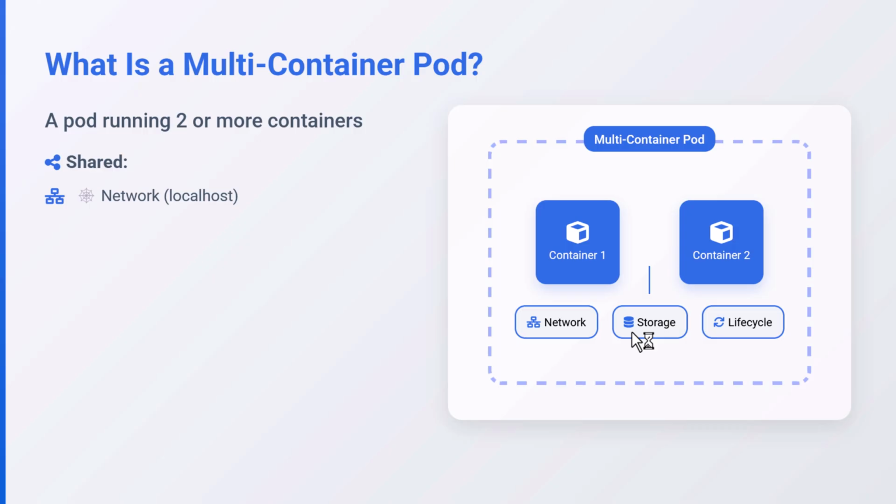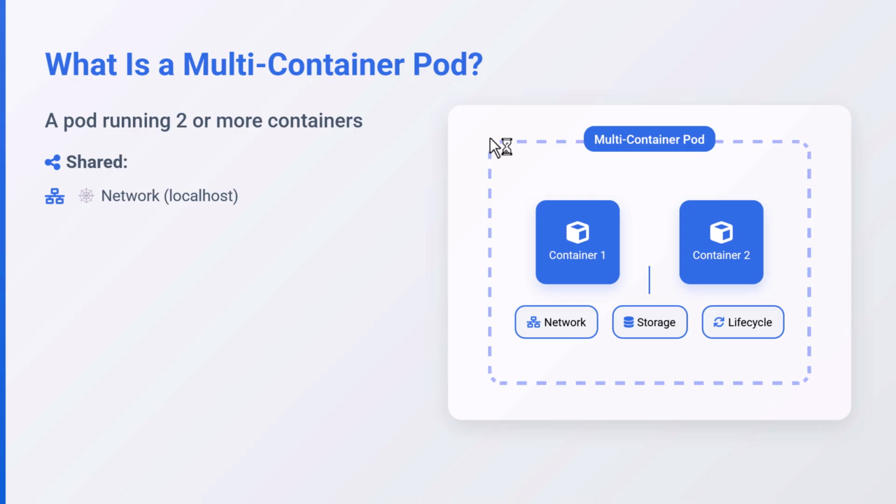They also share the same storage volumes, useful if they need to read and write files together, and the same lifecycle: they start and stop together as one group. In the diagram here, we see two containers shown, but in a real scenario, a pod can have more than two if needed, though it's best to keep the number small for better management.